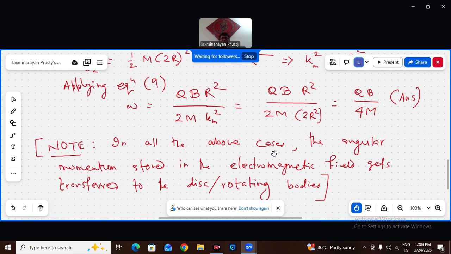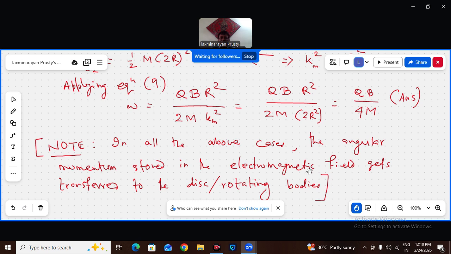Okay, in all the above cases, like page 1, page 2, in all the cases, the angular momentum stored in the electromagnetic field gets transferred to the disk or the rotating body. That's it. Am I clear? As I discussed this in the previous topic, as you must be knowing, you can see my video lecture on the paradox in electromagnetism.